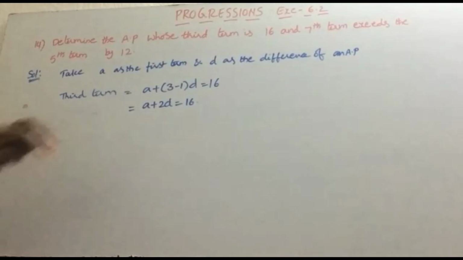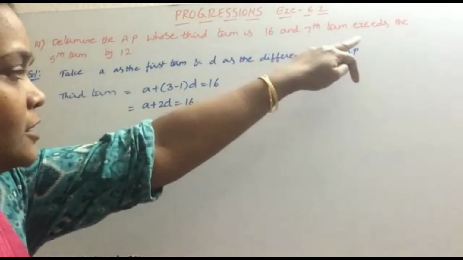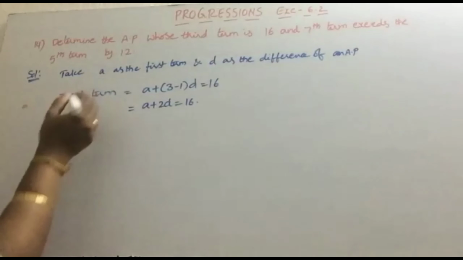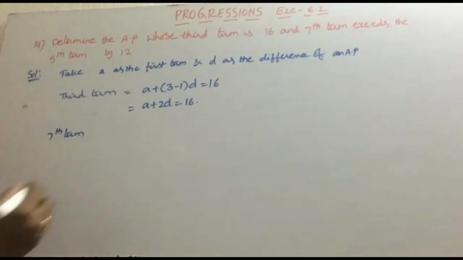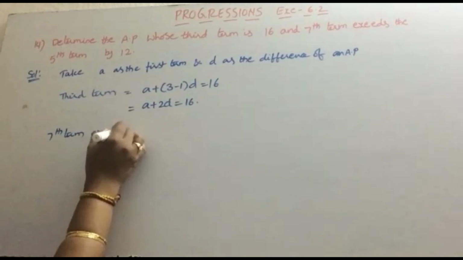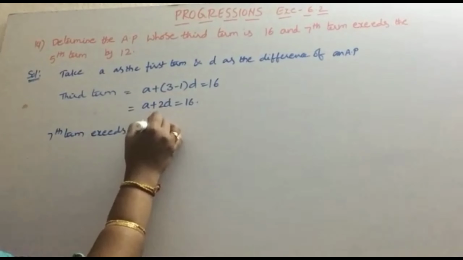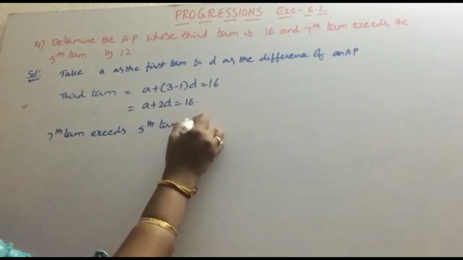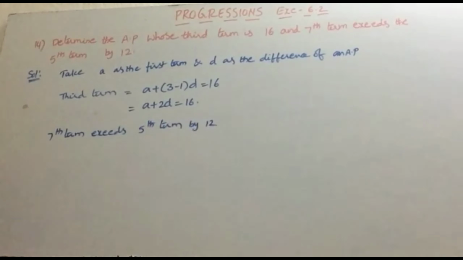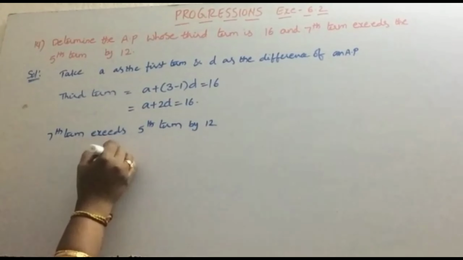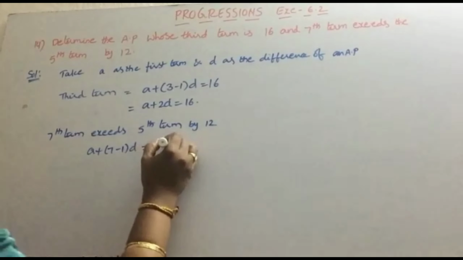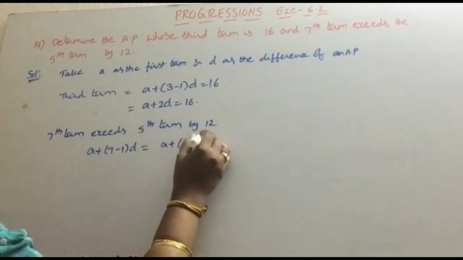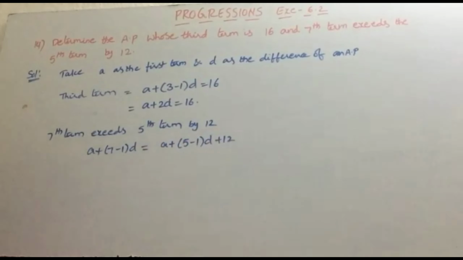And also they gave that the seventh term exceeds the fifth term by 12. Then A plus 7 minus 1 into D is equal to A plus 5 minus 1 into D plus 12.